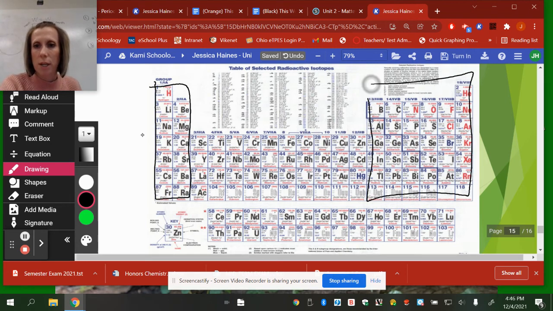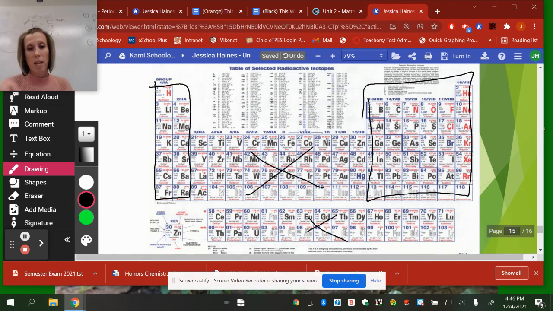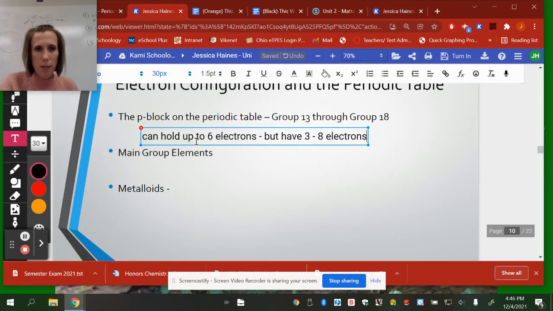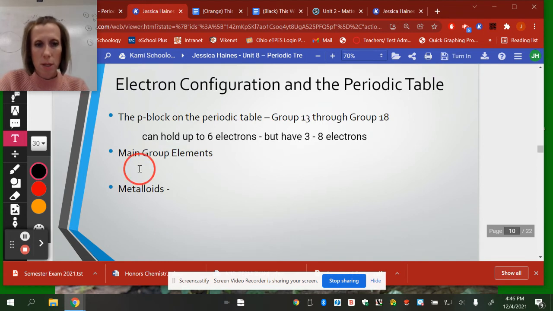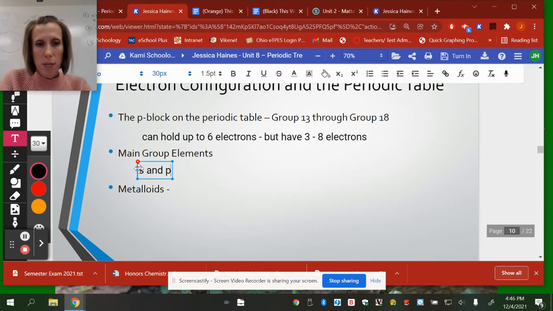So the S block and the P block. Those are called the main group elements. The transition elements here are not main group elements, and neither are the inner transition metals, the lanthanides and actinides. Main group elements are S and P orbital elements only. Main group elements, S and P block elements.